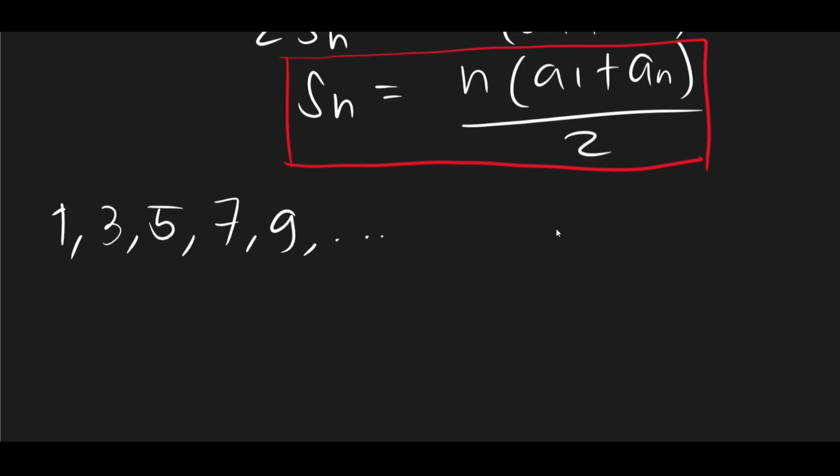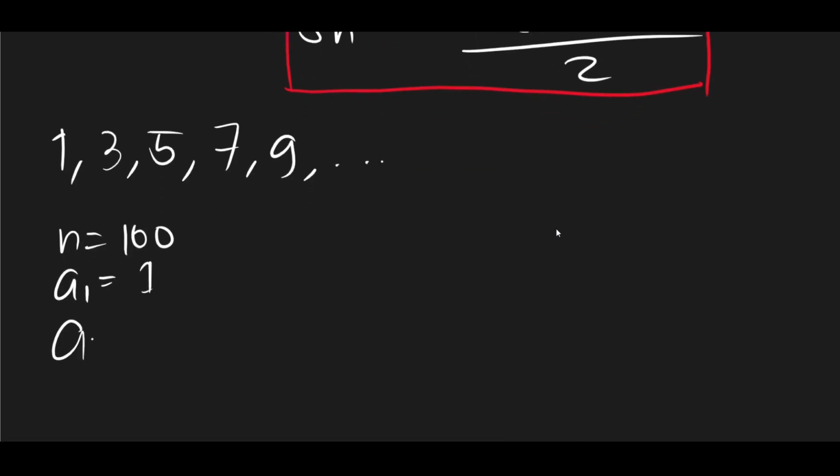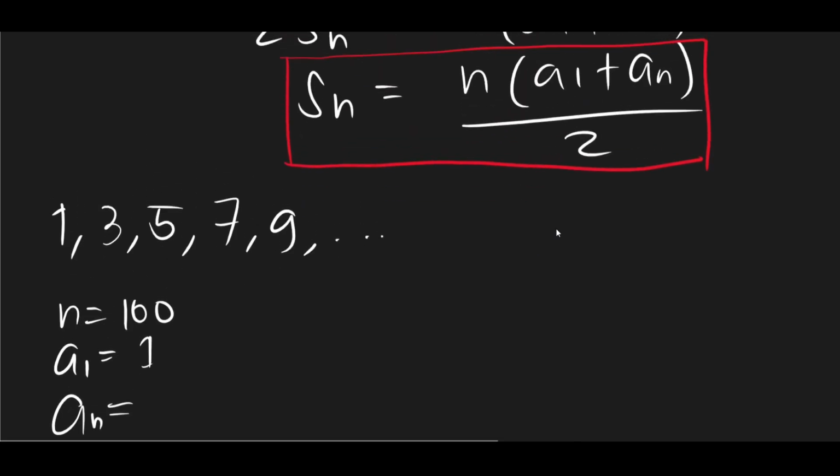If we take a look at our formula, our n will be 100, because we want the summation of the first 100 terms. Our a1 will be 1; we already have it here. However, we do not have our an yet.